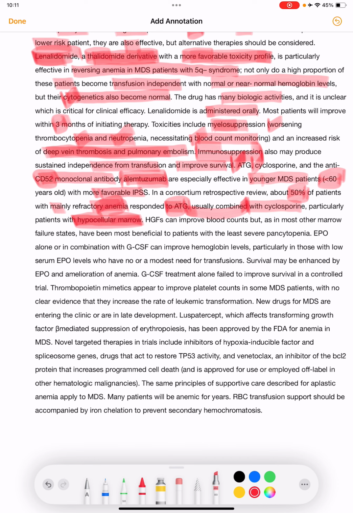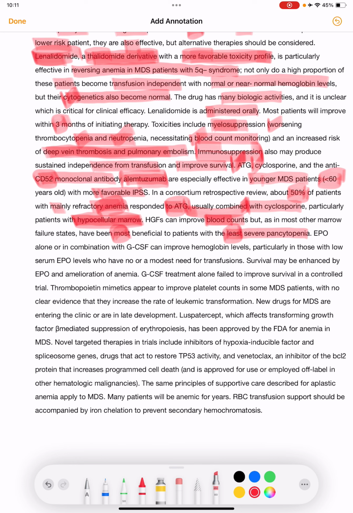And hematopoietic growth factors can improve blood counts, but as in most other marrow failure states, they have been most beneficial to patients with least severe pancytopenia. So erythropoietin and colony stimulating factors can improve blood counts, but they are most beneficial to patients with the least severe pancytopenia.